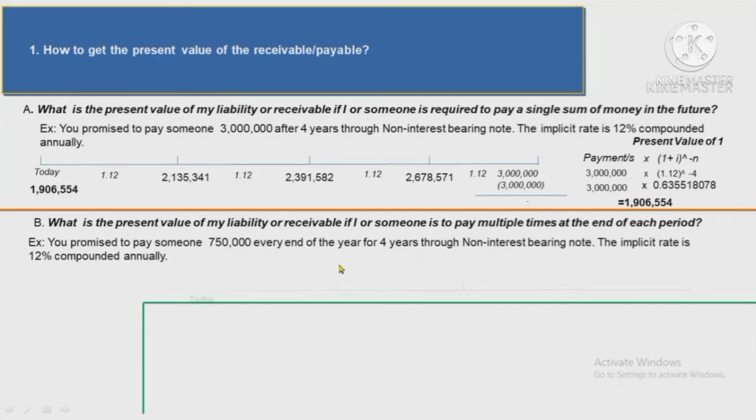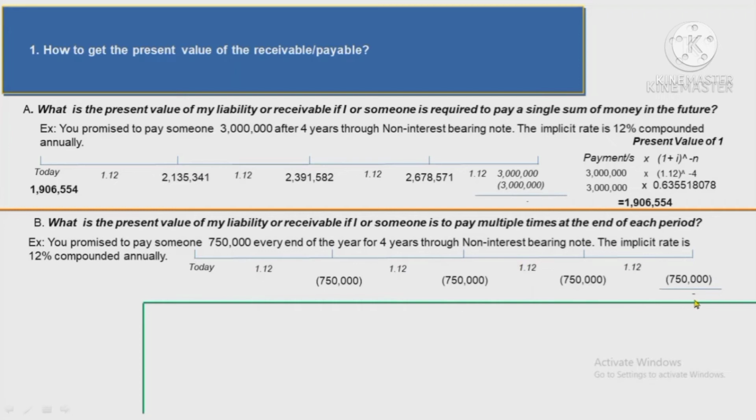So in timeline analysis, you are going to pay here 750,000, and then here also, as well as here, so that your liability will become 0. And according to the problem, the implicit rate is 12% compounded annually, so we are still going to use the 1.12. Now we can work back.